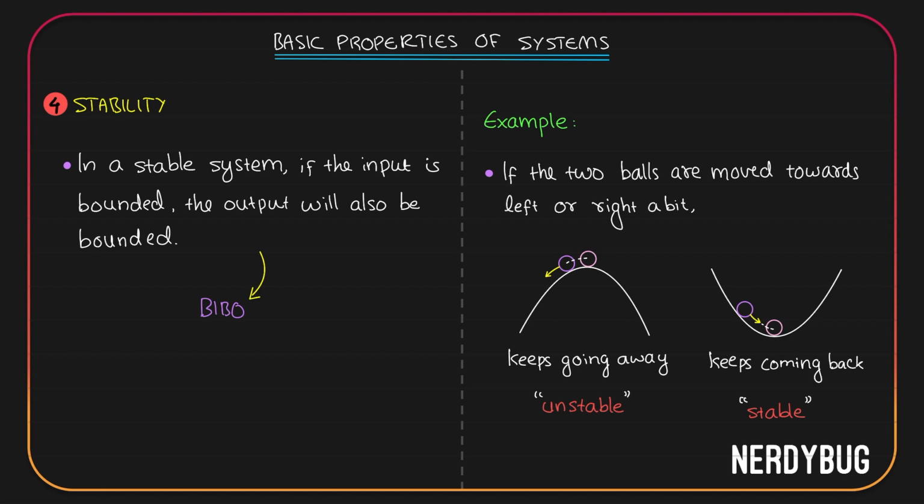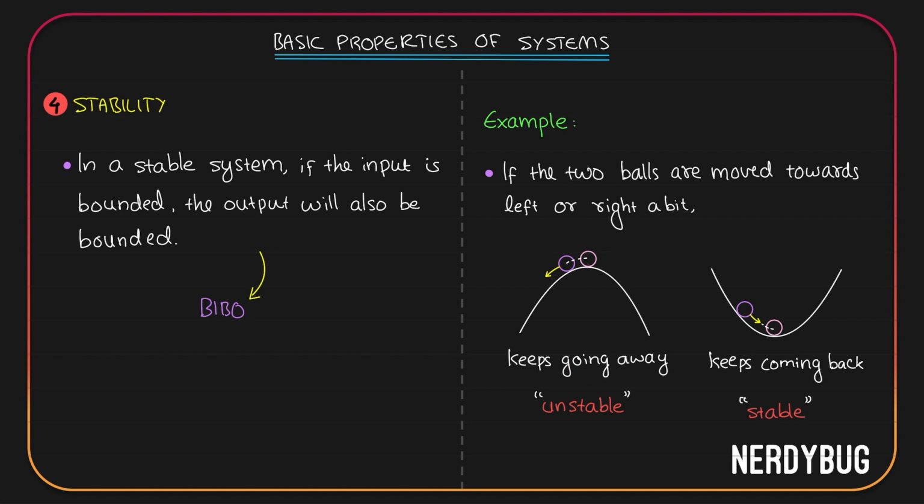There are two balls. One is on top of something that looks like this, and one is at the bottom of something that looks like this. Now imagine I pushed this particular ball towards left a little bit. We all know it will just keep going away. If I move it a little bit towards right, still it will keep going away.